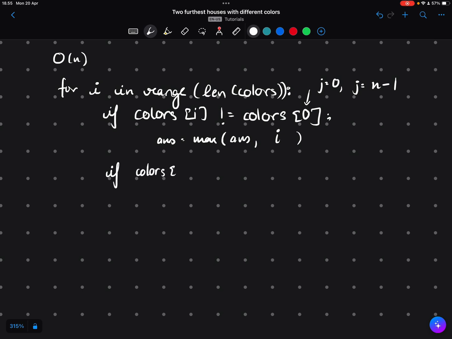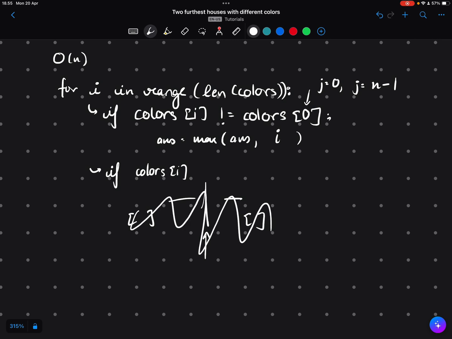Now this is crucial, by the way, we write it with an if, not an else if, because that number that we are on can be not equal to the left and not equal to the right. It can be completely separate, right? So we would like to calculate both distances for either end.